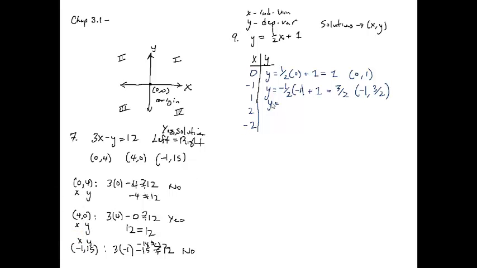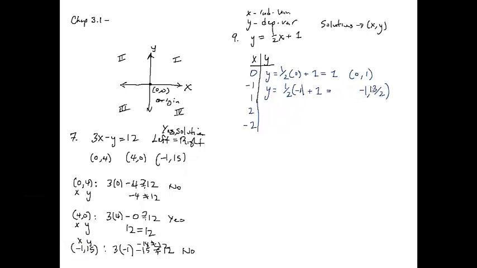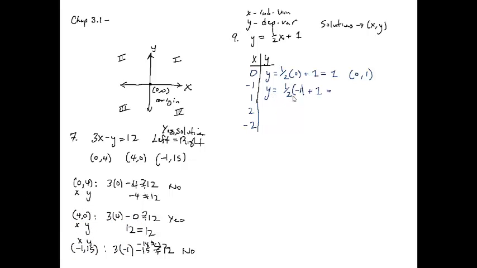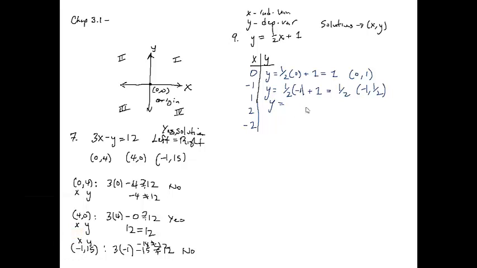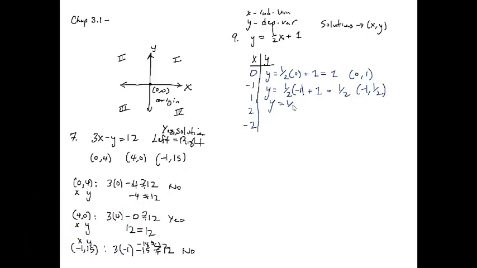Let's go back a second. Okay, y equals 1/2 times -1 plus 1 is 1/2. So I have the point -1, 1/2. Good. And y equals 1/2 times 1 plus 1. And you continue doing that, and you're going to find 5 points. So give me a second while I put mine together real quick.